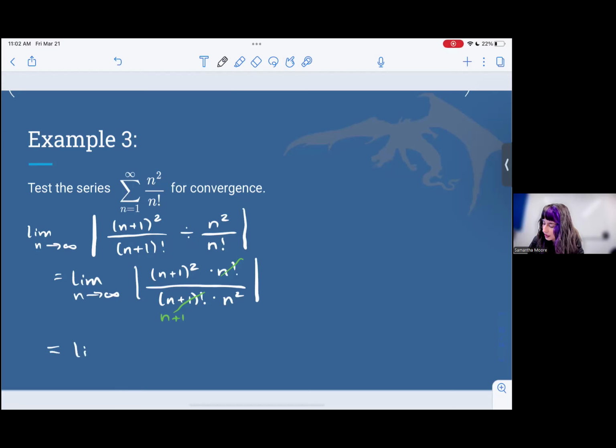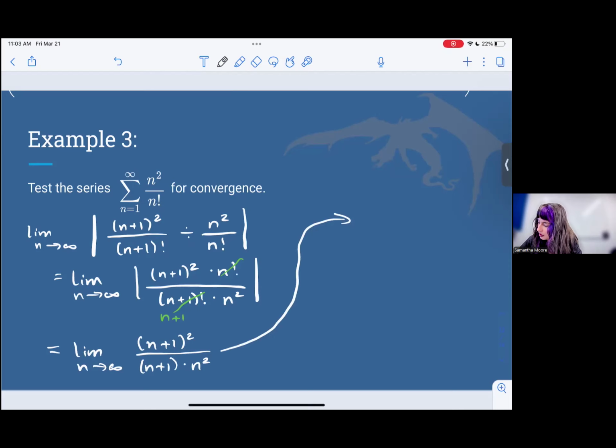I'm really just looking at the limit as n goes to infinity of (n plus 1) squared over (n plus 1) times n squared. All right. A factor of n plus 1 cancels in the numerator and in the denominator, so I'm left with just (n plus 1) over n squared.